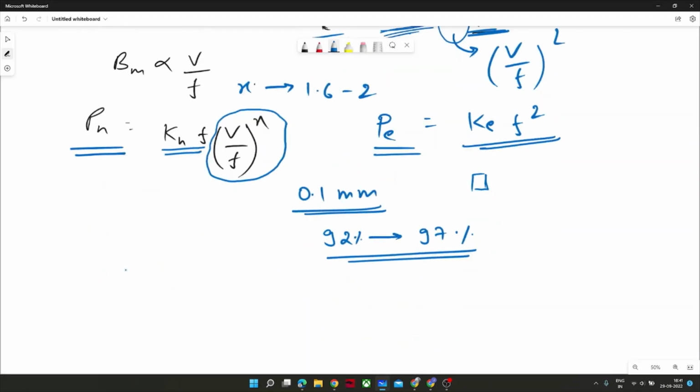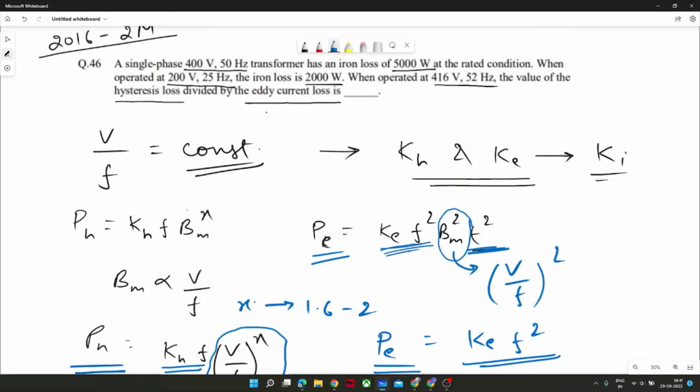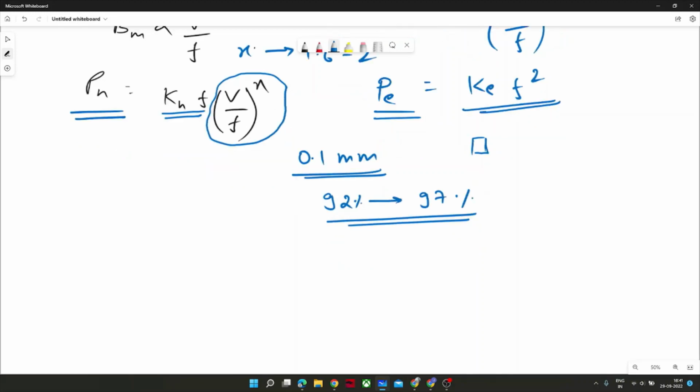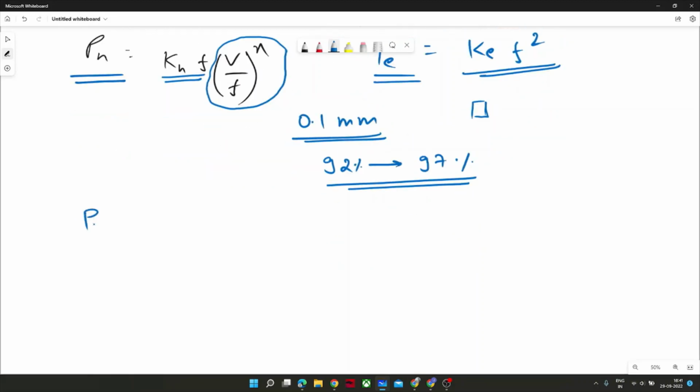So moving ahead with the problem, the 3 points are given. So I can form three equations based on PH equals KH F, PE equals KE F square, and total iron loss, which is the sum of hysteresis and eddy: KH F plus KE F square.